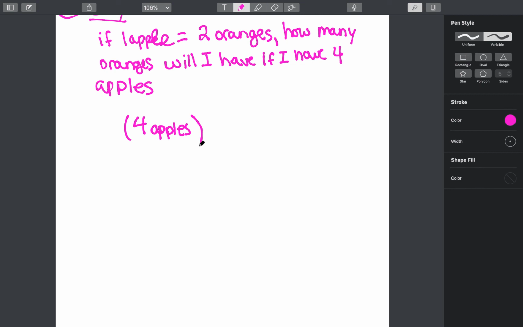So in order to do this, I have to multiply this 4 apples by the conversion factor. And this conversion factor is the 1 apple equals 2 oranges. So in order to figure out how many oranges, I need to cancel out apples. And I do this by putting the conversion factor in like this.